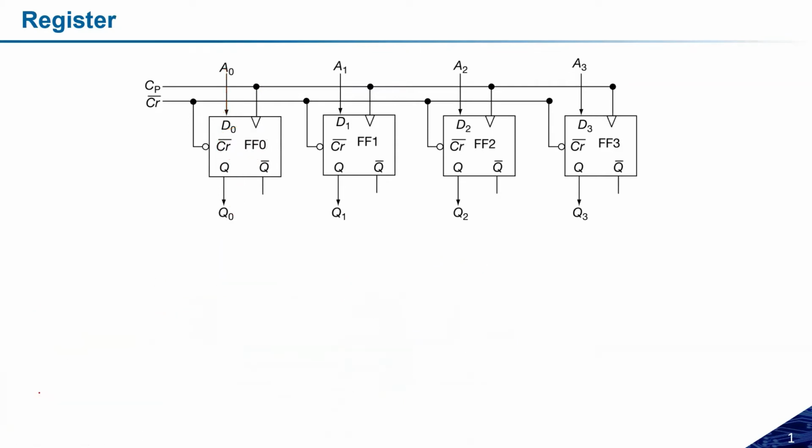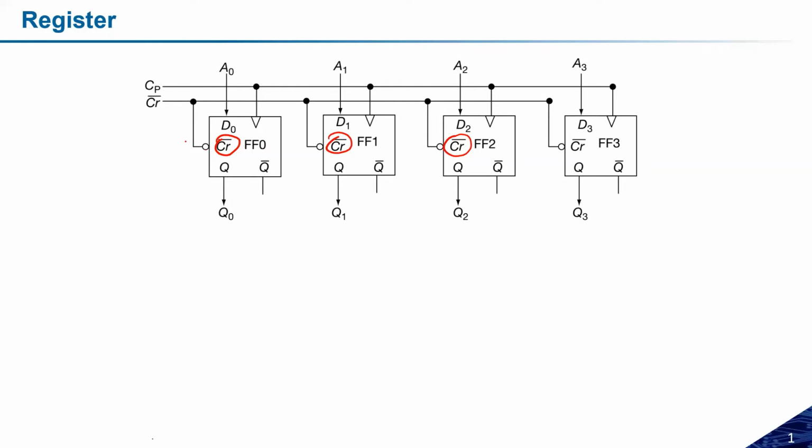So what we have done here is used the D flip-flop. All the flip-flops, all the boxes that we can see, are D flip-flops. Now, these are the inputs, and these are the clear inputs that can be utilized to clear the data. If I have to clear, I can activate this signal.